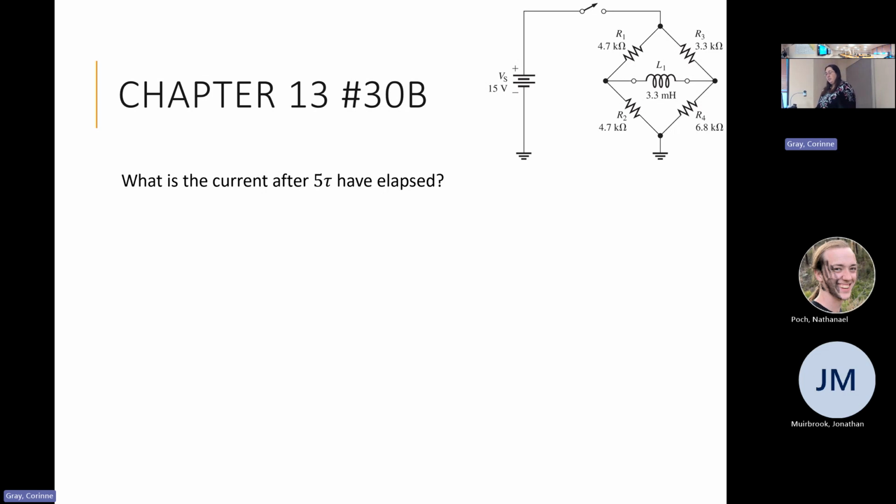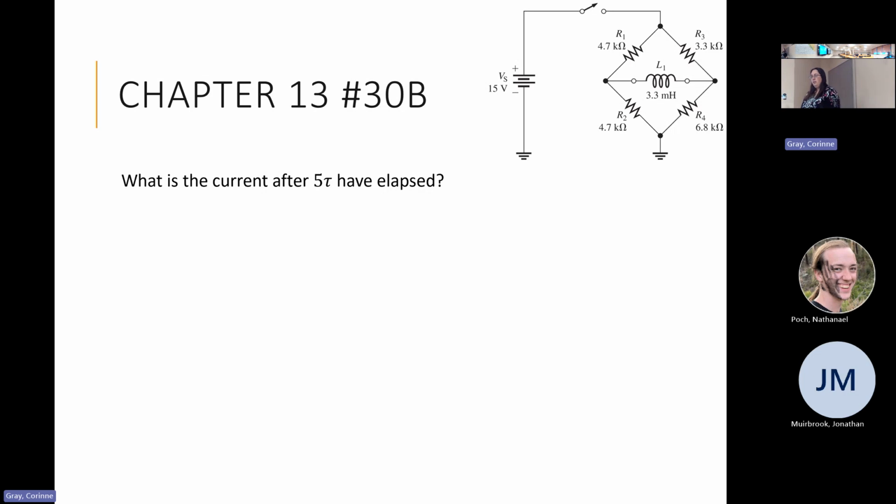So for B here, what do you think we need to be aware of? Are we opening the switch? Are we keeping it closed? What are we doing with the switch? Keeping it closed. We're going to keep it closed, right? 5 tau is passing.